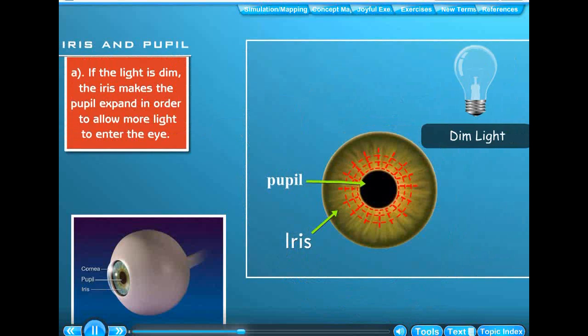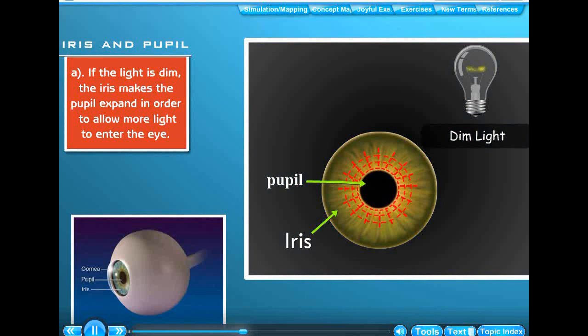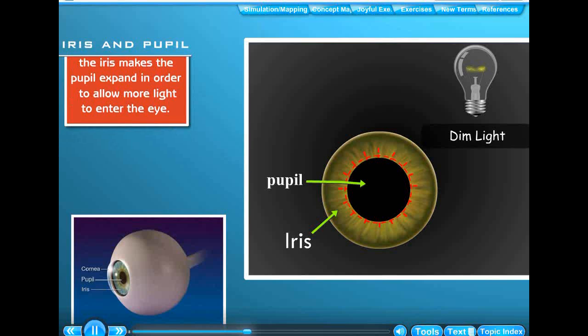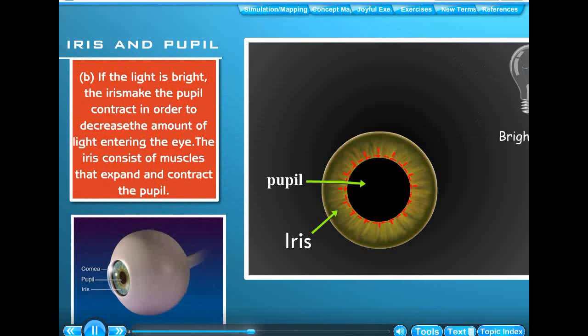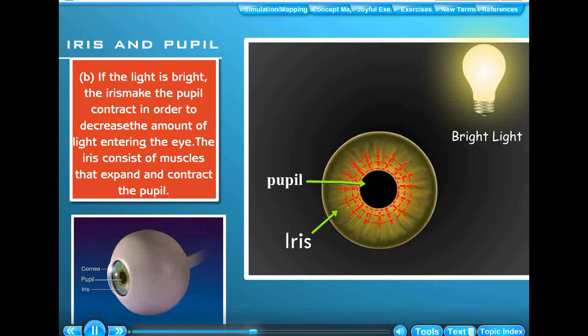A. If the light is dim, the iris makes the pupil expand in order to allow more light to enter the eye. B. If the light is bright, the iris makes the pupil contract in order to decrease the amount of light entering the eye. The iris consists of muscles that expand and contract the pupil.